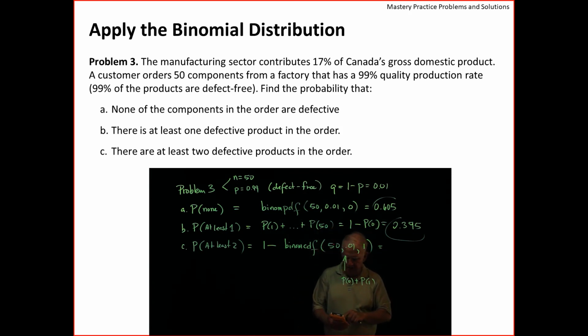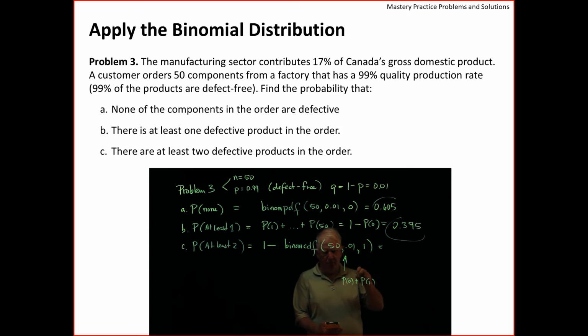So off we go to distribution. Go find binomial CDF. I've got 50 trials. I've got 0.01. I've got an x value of 1. Okay, and I'm pasting all of that in. I get the answer 0.91.